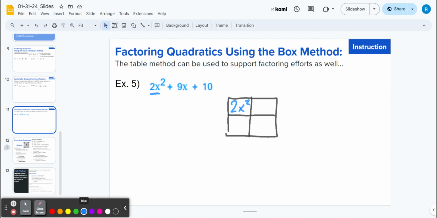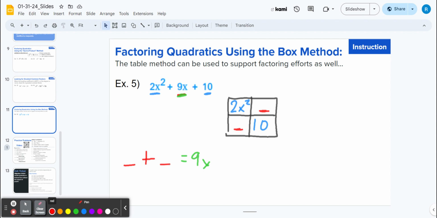And that constant box here is going to be 10. Okay. Now, I've got to guess and check and find my way to add up to, we want whatever this thing in red here is to add up to this 9x. So we want our red squares to add up to 9x, whatever they become.